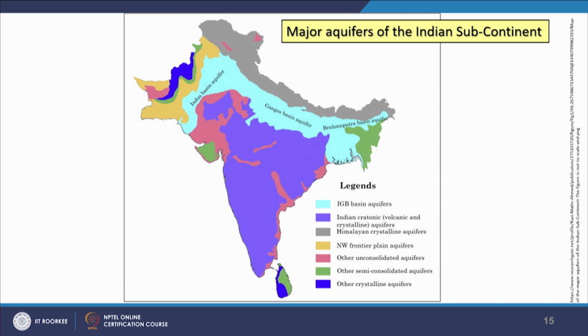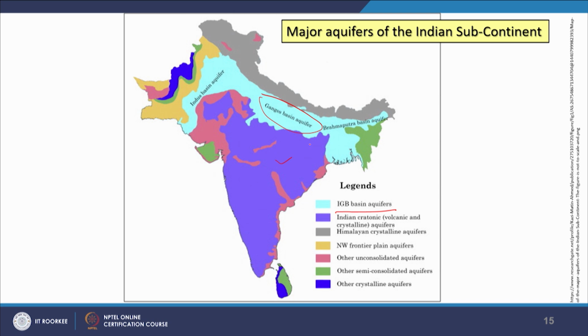This figure I already discussed, but for the completeness of this discussion, I am again bringing this figure, which is showing the major aquifers of the Indian subcontinent. So you again have the IGB, that is the Indo-Gangetic Basin aquifers, shown here, and then a large part of India shown in blue color, which is the Indian cratonic, volcanic and crystalline aquifers.